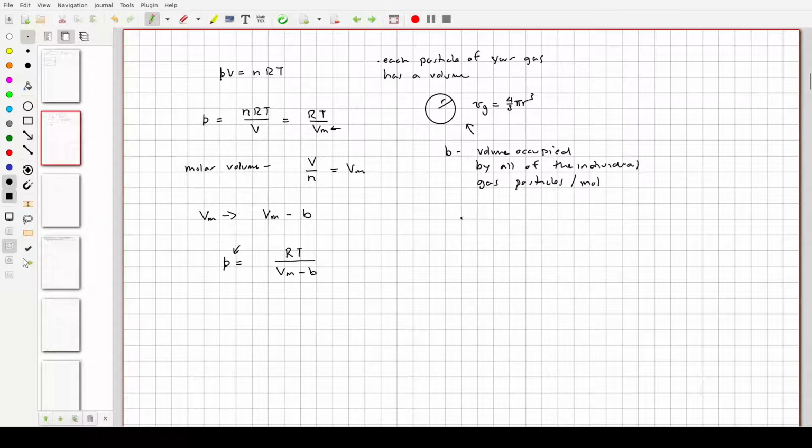And the reason is because each collision is going to take away some momentum. Okay? Now, not only that, because you're taking away some of the momentum, there are going to be fewer collisions.